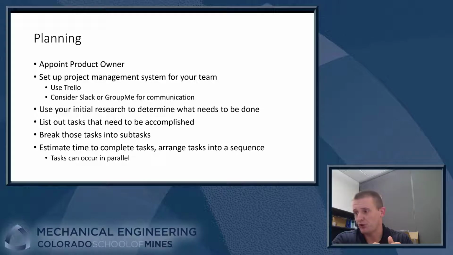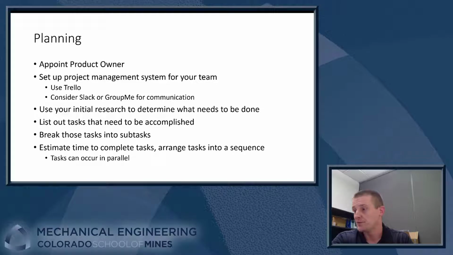We highly recommend Trello for managing your Kanban board and setting up all the tasks that need to be done and sharing that amongst your team so that you can see what's being completed. We also, if you don't have it already, suggest that you consider something like Slack or GroupMe so that you have a dedicated means for group communication where everybody can talk to one another easily.